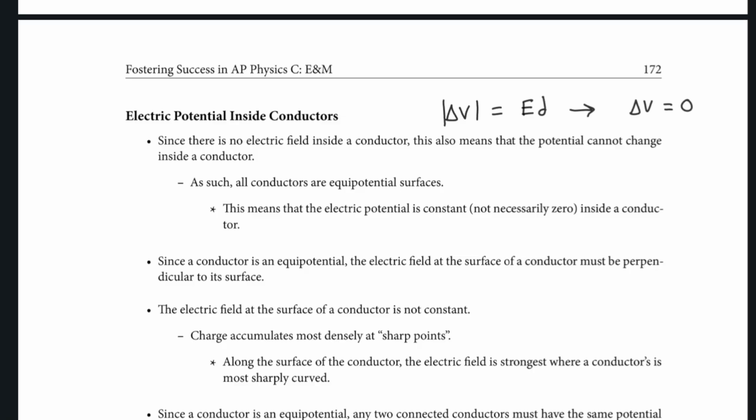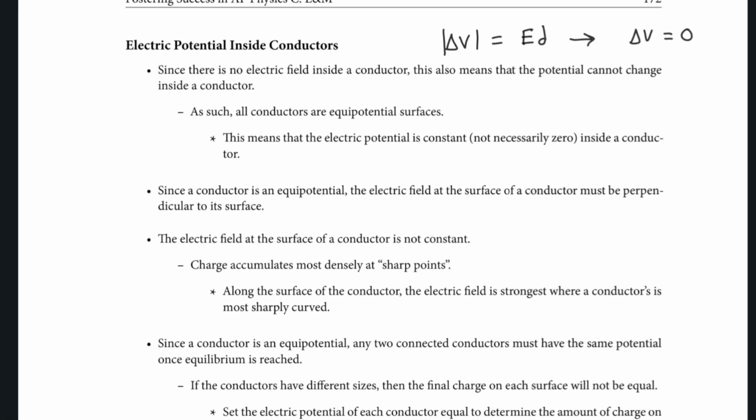So what this means is that the entirety of a conductor is an equipotential surface, meaning the electric potential is constant. And it's usually a non-zero constant. So if there's positive charges around it, the potential is probably positive and constant. And if there's negatives nearby, it's probably negative and constant as a consequence of our V equals 0 at infinity assumption.